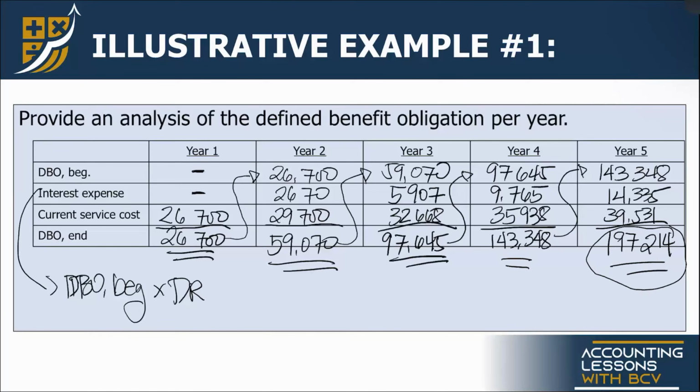That is the application of the projected credit unit method. So that's the comprehensive discussion of the projected credit unit method. I hope you understood, even though the process is a bit complicated. If you did not understand, simply rewind the video, and I will repeat it.